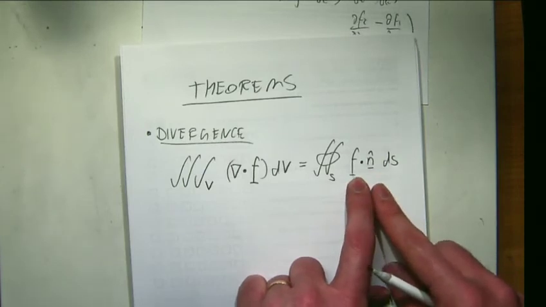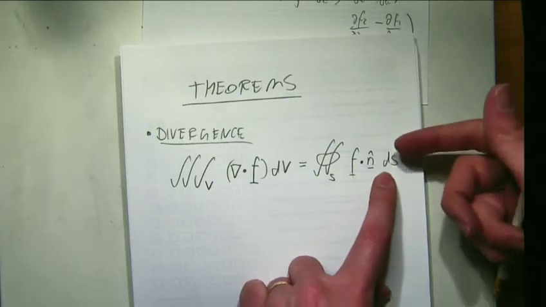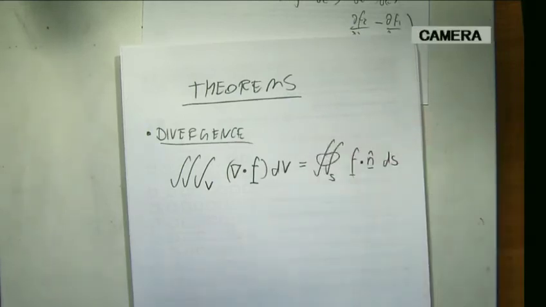technically. But if you think about it, this is the definition of a vector field integrated across a surface. That circle there is implying that the surface is closed. It's like the surface of a ball, and the volume is the inside of the ball. Okay?